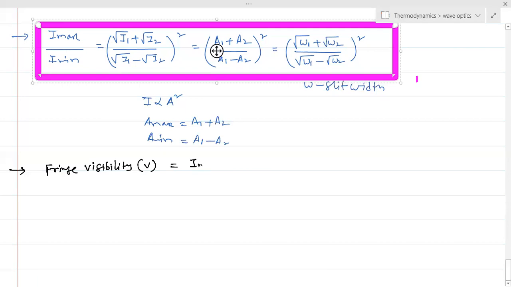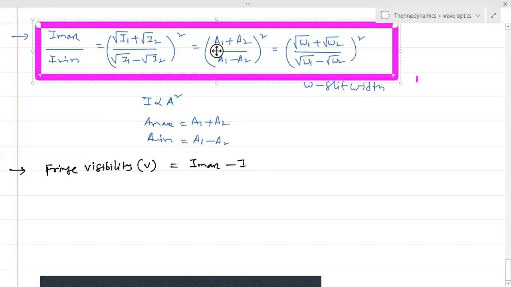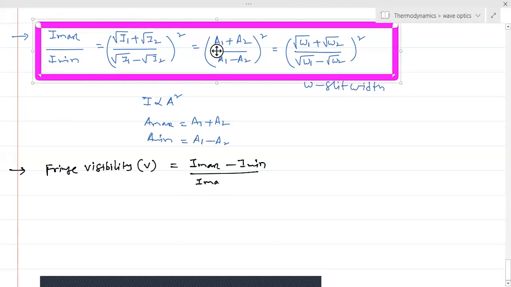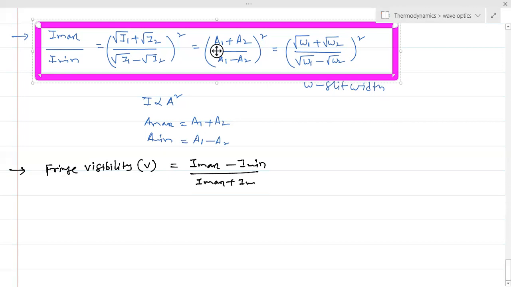So that is equivalent to I maximum minus I minimum by I maximum plus I minimum.